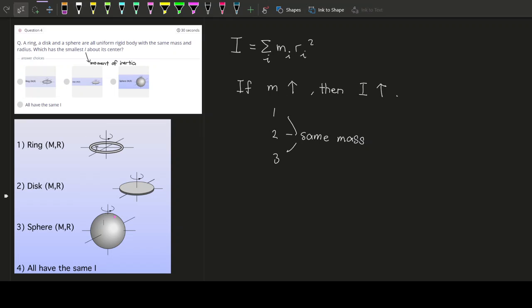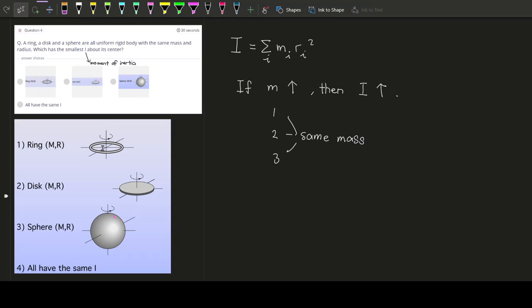If you don't take out any dough from the table, you keep the amount of dough the same, so the outside will be very massive and the inside will be nothing. For the disc, everywhere will be almost the same mass. But here, the outside will be very heavy and the center will be nothing.